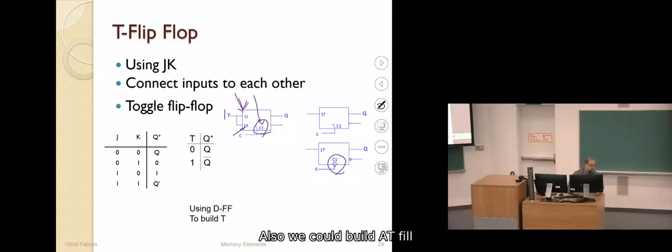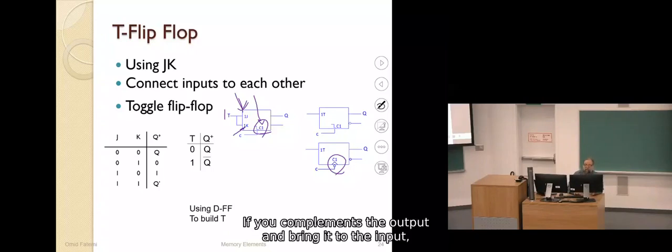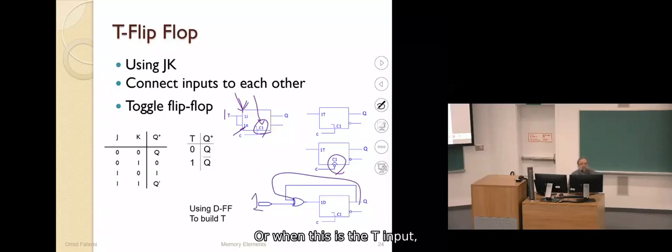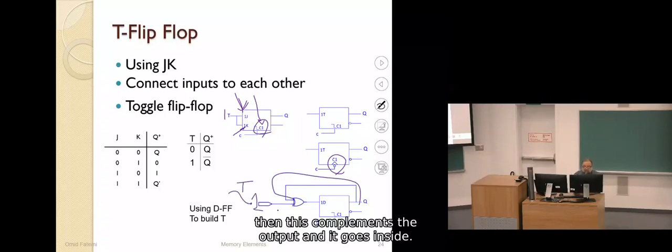Also, we could build a T flip-flop using the D that we had before. If you complement the output and bring it to the input, you have built a T. You see, you have Q here, and you put 1 with an XOR. When this is the T input, if T becomes 1, then this XOR complements the output and it goes inside.